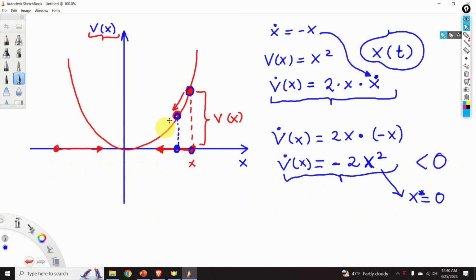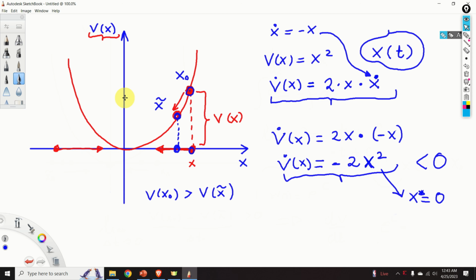And obviously, if let's say this is the initial state, let's call it x0, and this is some state, let's call it x tilde, we can see that V of x0 is larger than V of x tilde.